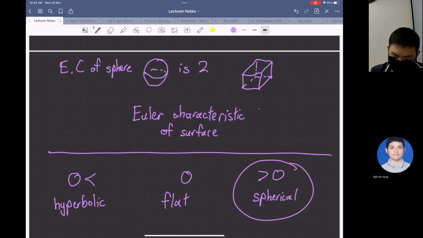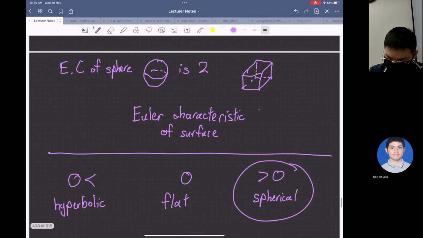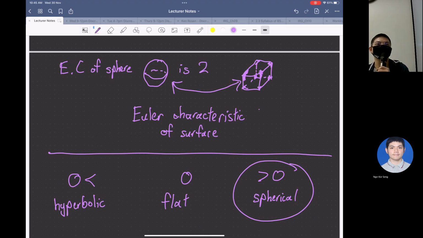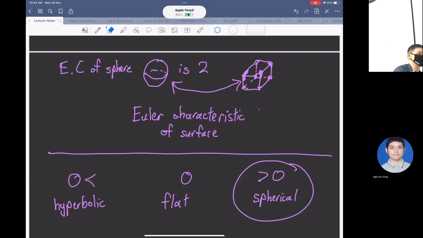If you smooth the edges out, smooth it, smooth it, actually these two are the same. Never mind, just some extra knowledge. If you smooth the polyhedron, it is actually a sphere.